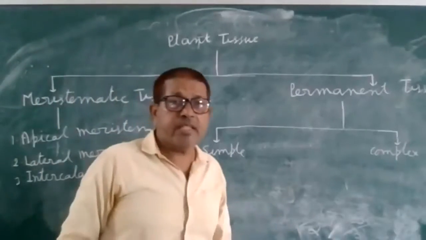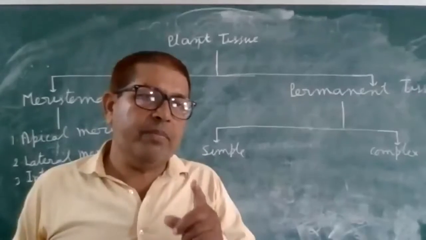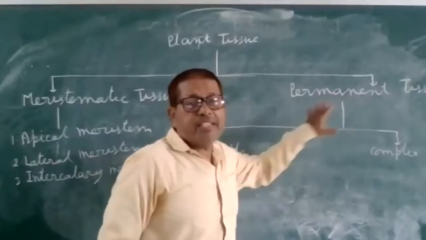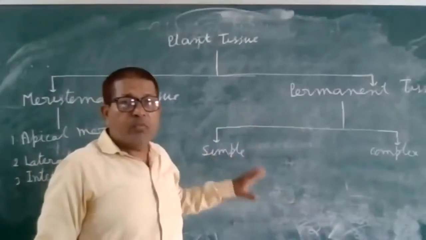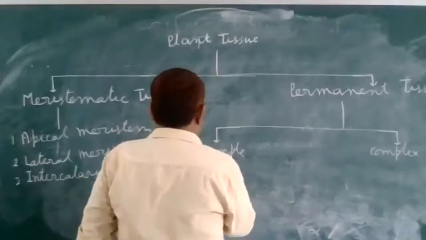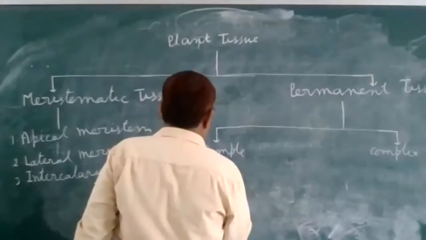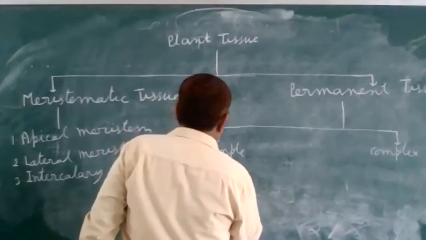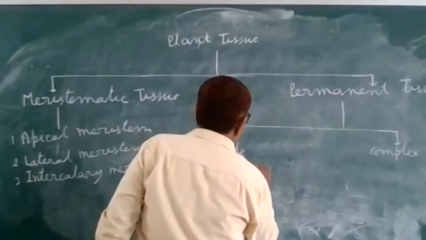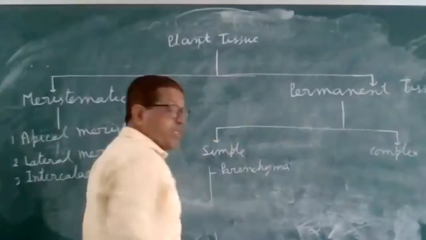This simple permanent tissue is made up of only one type of cells. It is of three types.